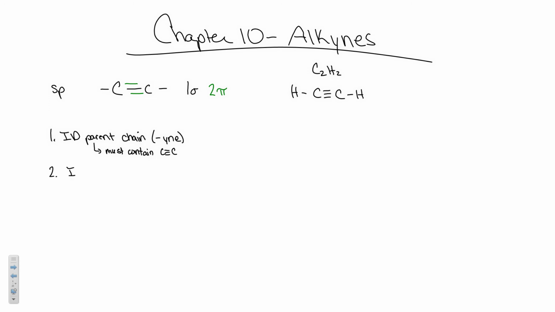Then you ID and name your substituents. Number your parent and assign locants. And just like our alkenes, the triple bond gets preference.